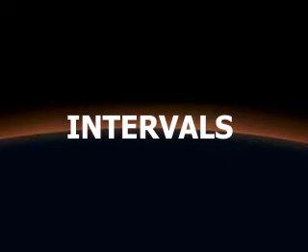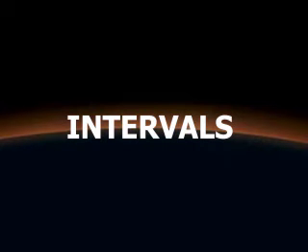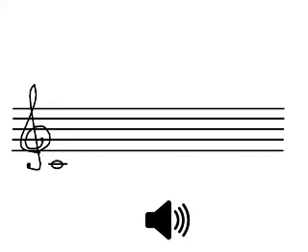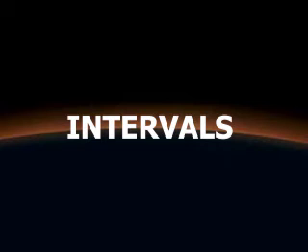And some intervals are closer to each other than some. For instance, if we have this, there's a difference between them, and there's a distance between them. If I have these two sounds I just played now, they are closer to each other than the first one.